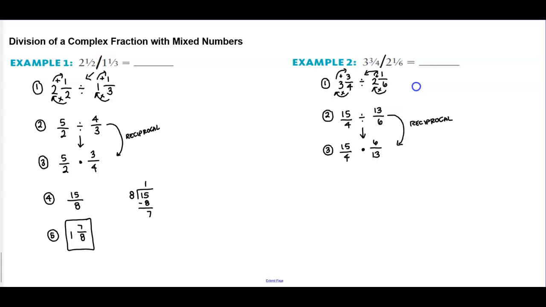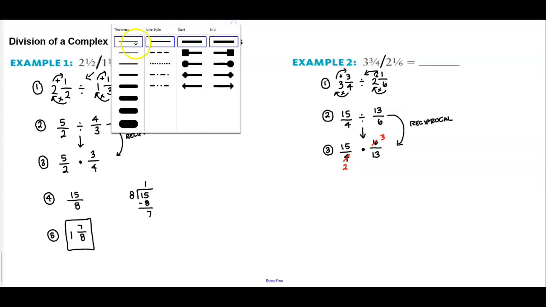Okay. So now we can factor out the values that are common to each number. We can see that there is a 2 that is a common factor of 4 and 6. 2 goes into 4 2 times. 2 goes into 6 3 times. And there's nothing else for us to simplify from here.